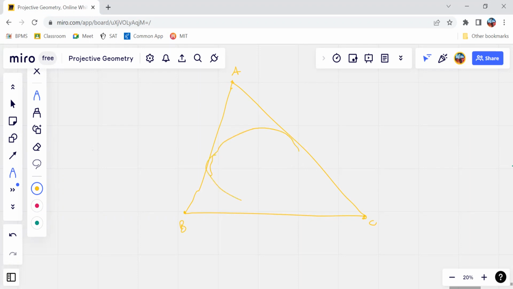There's a lot of these incircles. Okay, one day I will be able to draw incircles properly. But until then.